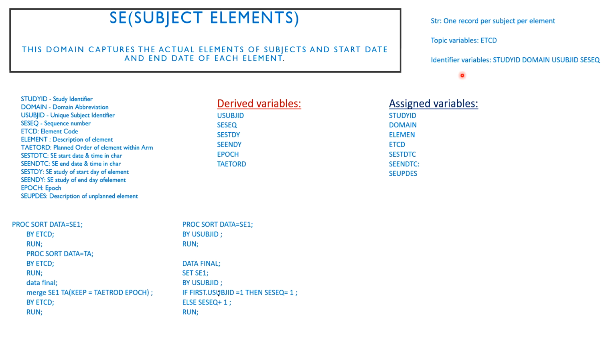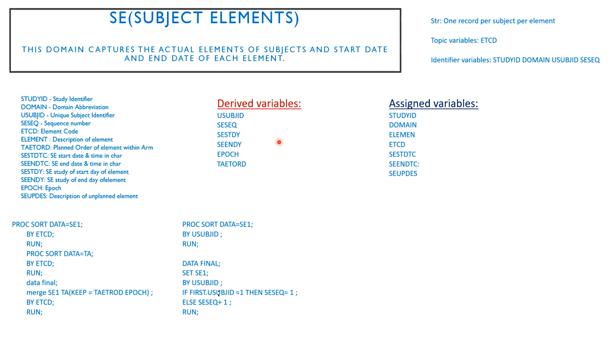The topic variable is element code. Identifier variables are study ID, domain, unique subject ID, SE sequence number. The variables are study ID, domain, unique subject ID, sequence number, element code, element, trial element order, start date, end date, study day of start date, study day of end date, epoch, then description of unplanned element.